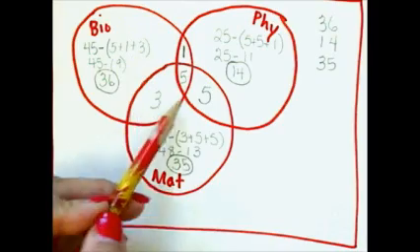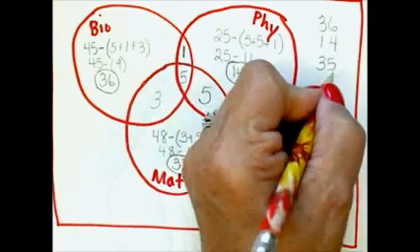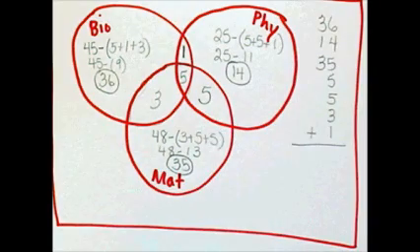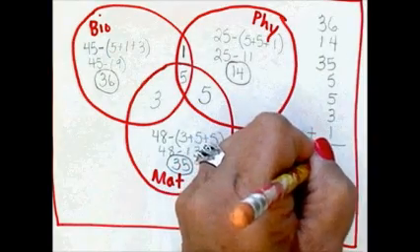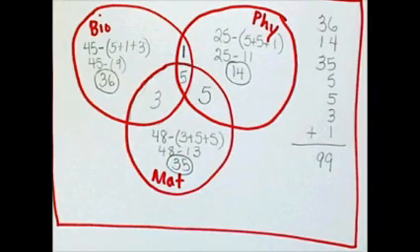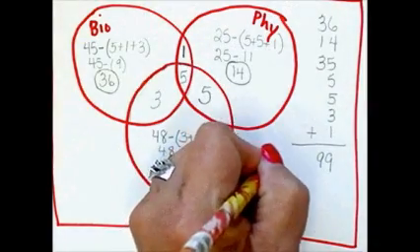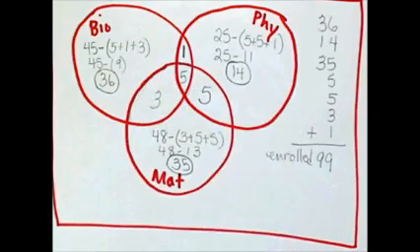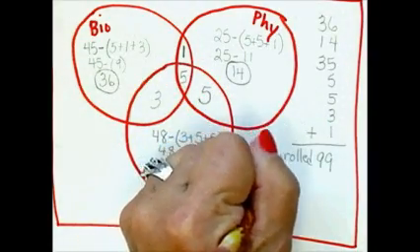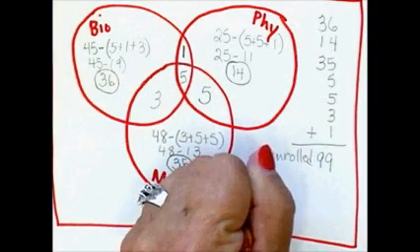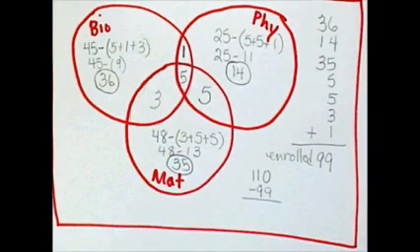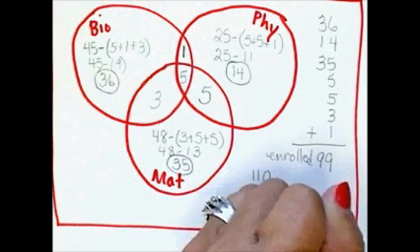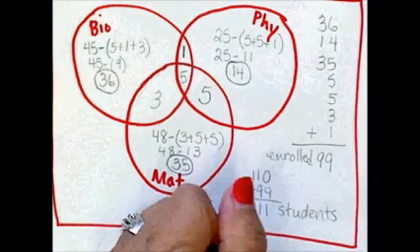I have 5, 5, 3, and 1. Now, if I sum all those, I have 99. So I have 99 students who are enrolled in these kinds of courses. If I had 110 students to begin with and 99 are enrolled, then when I subtract, I get 11. So I have 11 students that are not enrolled in any of those courses.